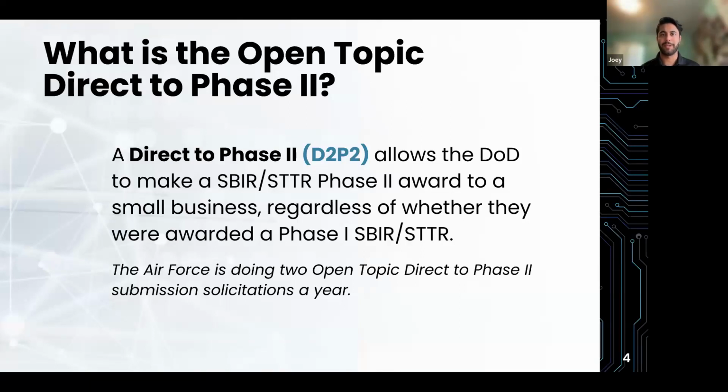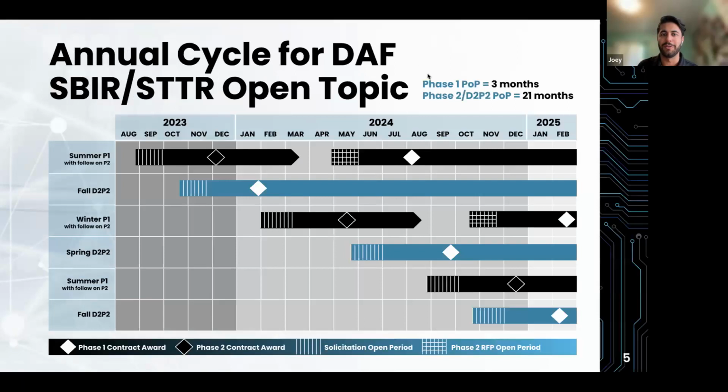So the open topic direct to phase two is open to any US small business. It is open to companies regardless of whether they've won a phase one SBIR or STTR. And the US Air Force is doing two open topic direct to phase two solicitations a year. We are right here in the fall direct to phase two submission window.